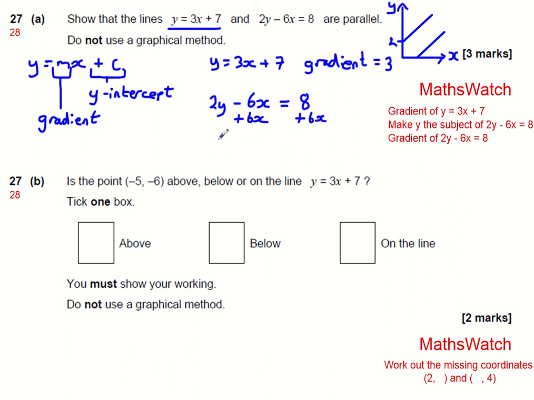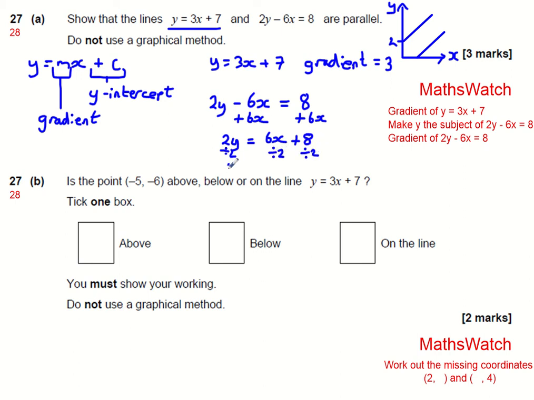So once that's done, we'll end up with 2y equals, and you can either write this as 8 plus 6x, or I'm going to write it as 6x plus 8, because those are the same thing. Once we've got this, once again, we need to turn it into y equals, which means we need to get rid of the 2, which means we need to divide everything by 2.